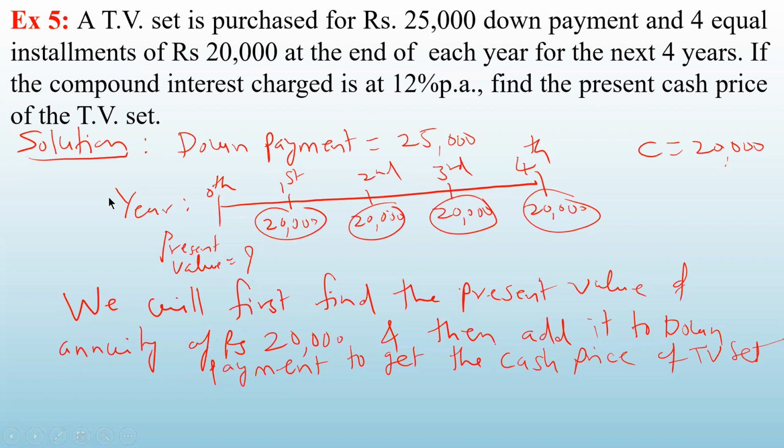So let us find out the present value of the annuity of rupees 20,000. What is the formula for present value?